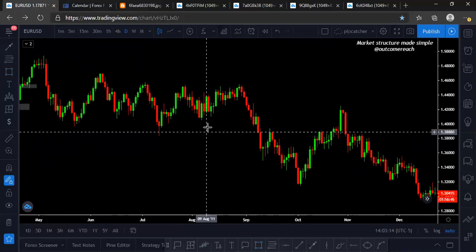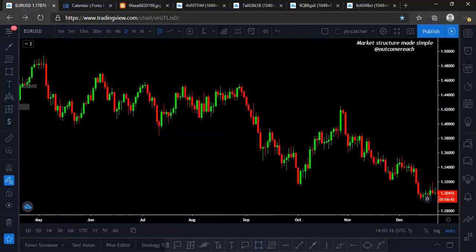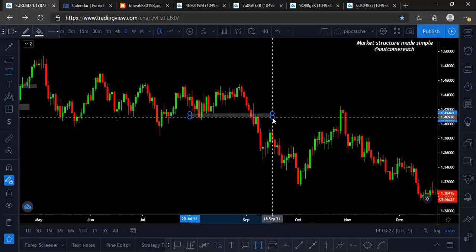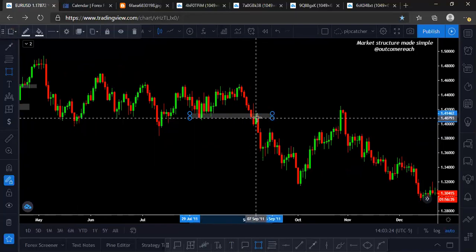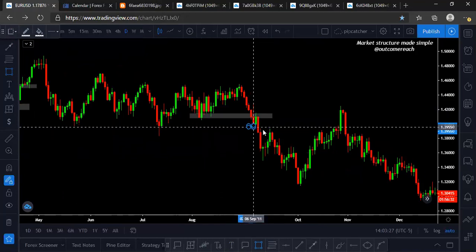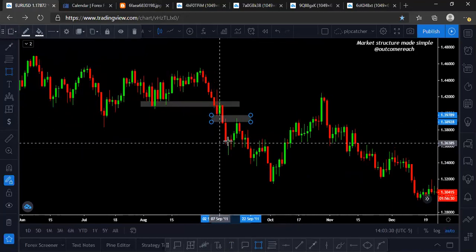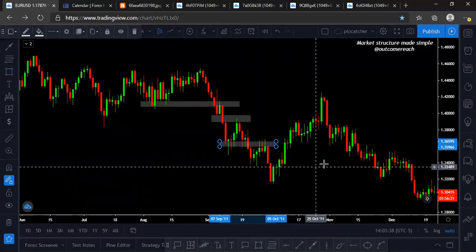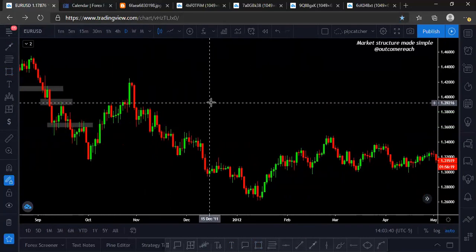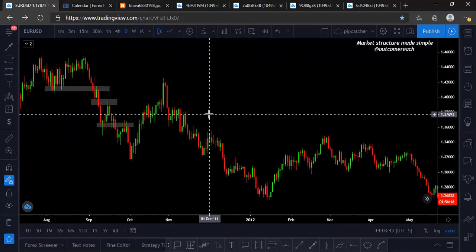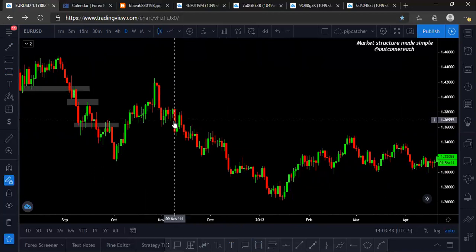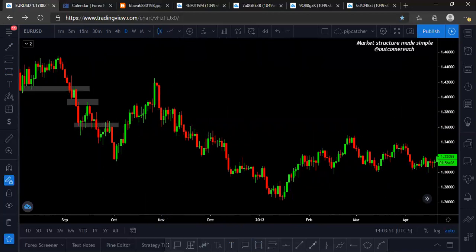So we see price break through this low and just retest on structure. Broke through this low and retest structure. We have a minor low here, break through, and retest structure. So you guys can start to see this pattern get created. There's a low here.